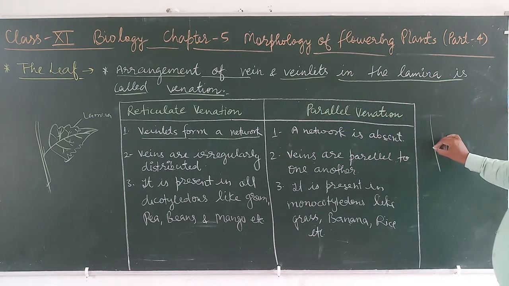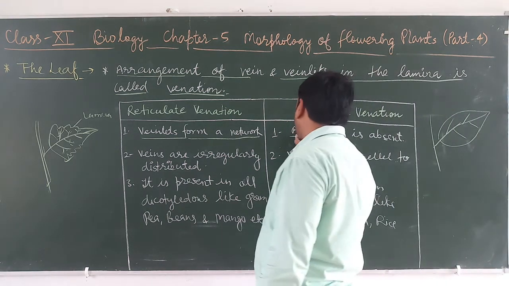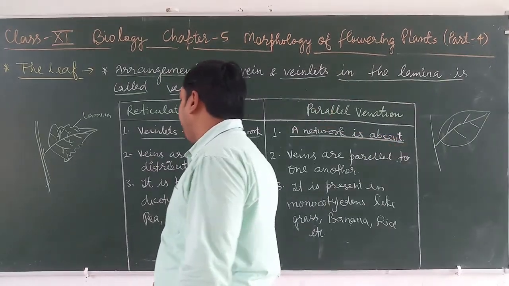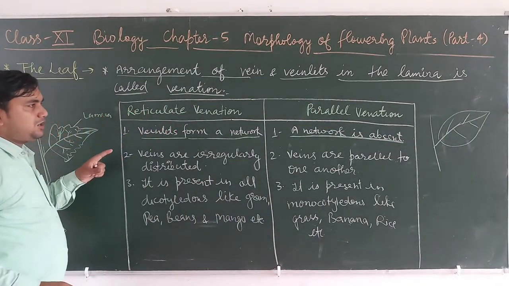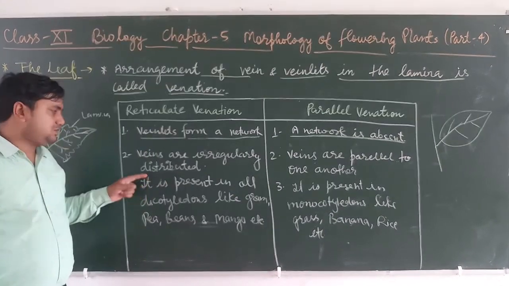You can see in the figure of these leaves, there is no network, only simple parallel veins. Veinlets form networks in reticulate venation and the network is absent in parallel venation.